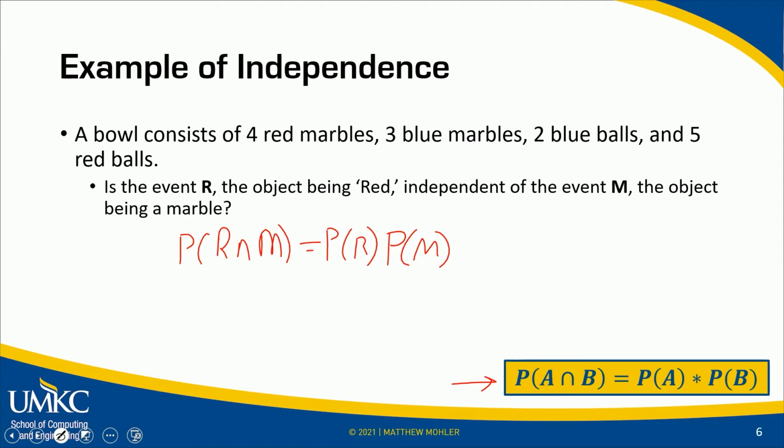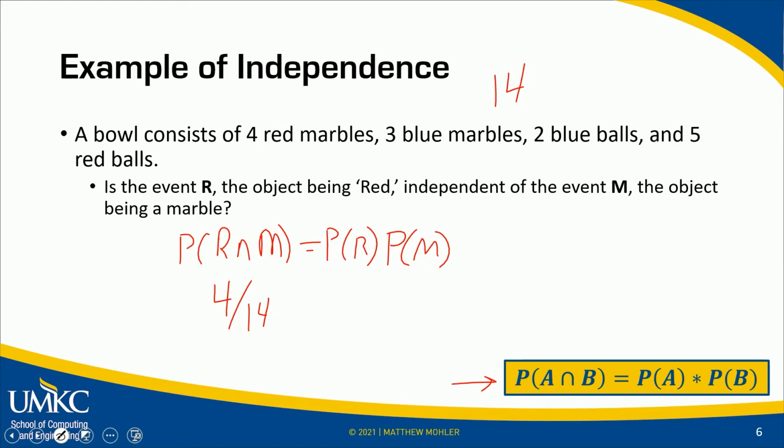But taking that out, we can calculate all of these probabilities. So the probability of the intersection of R and M is the probability of drawing a red marble. And there are a total of 14 objects in this bowl, and you can get that just by summing up all the different elements here. But with this, we can say that the probability of pulling a red marble is just equal to 4 out of the 14 total options.